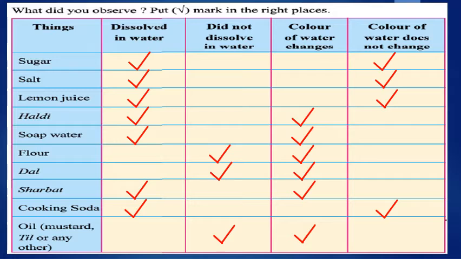Next question. Imagine what would happen if things like stones, chalk, plastic and garbage would dissolve in water. Answer is, if these things dissolve in water, it would make the water dirty.